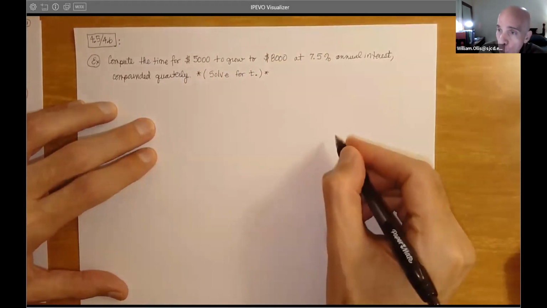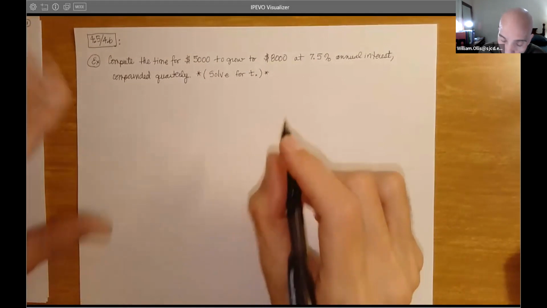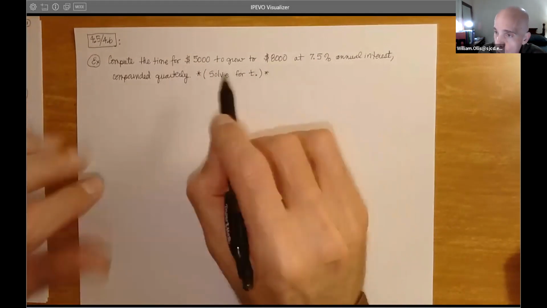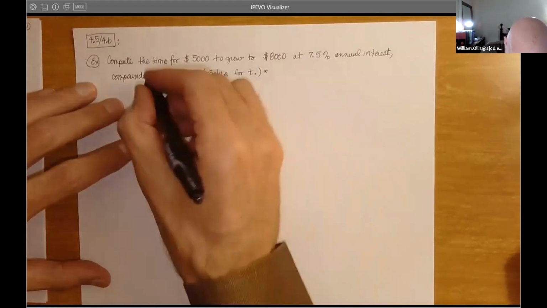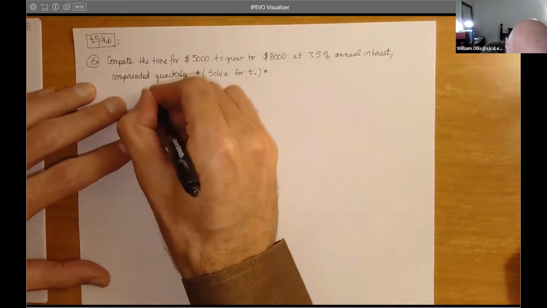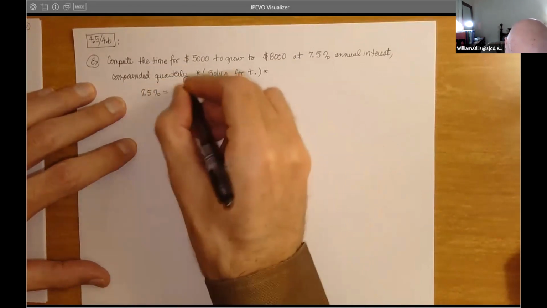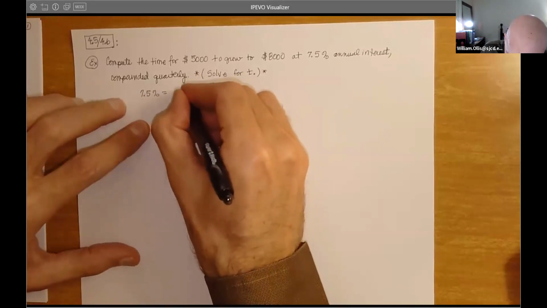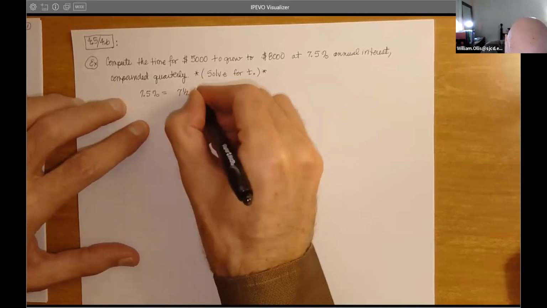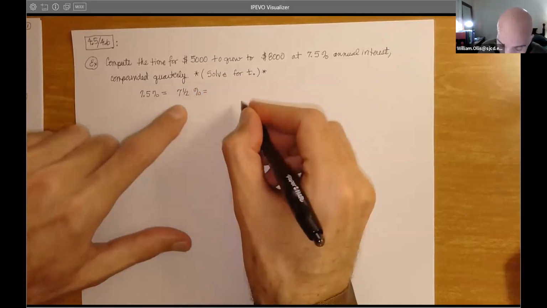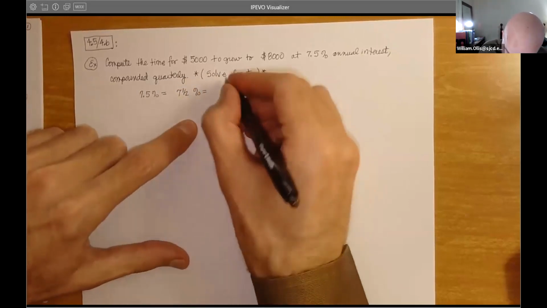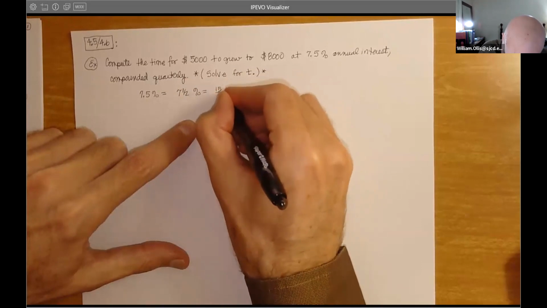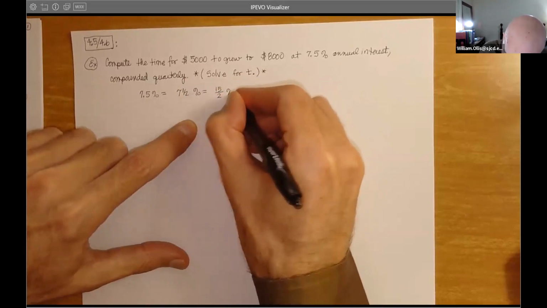So before we look at the actual formula, let's just deal with the interest and get the base set up. So we have 7.5%. And of course, we can just write this as a fraction. This is 7.5%, and then of course, this is just 14 plus 1 or 15 over 2%.